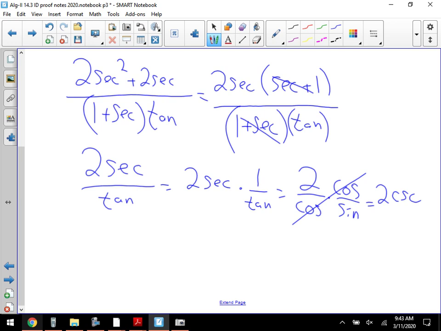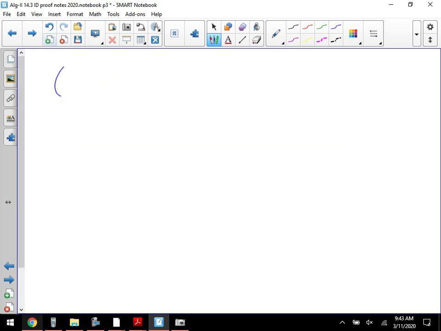So I'm going to go to 47. Cosine plus sine squared plus cosine minus sine quantity squared. Basically, all I can do here is FOIL everything out.